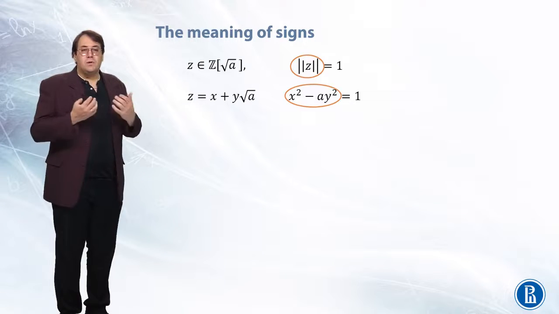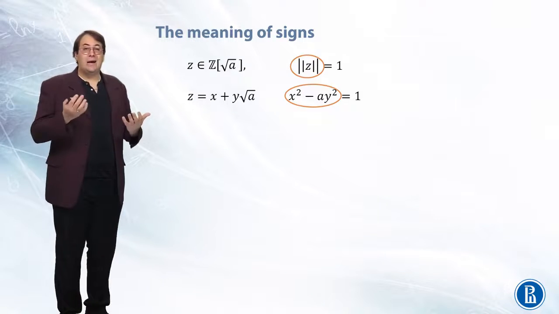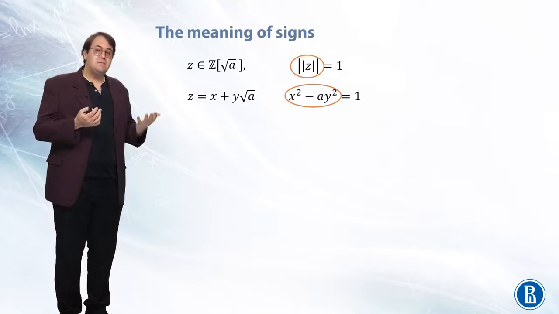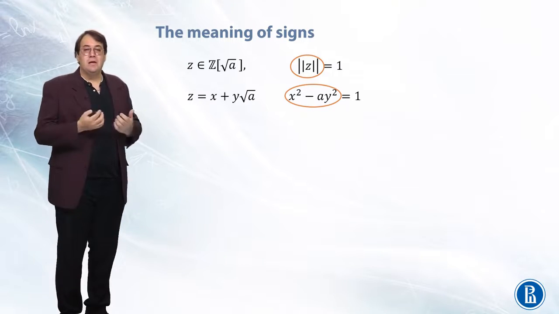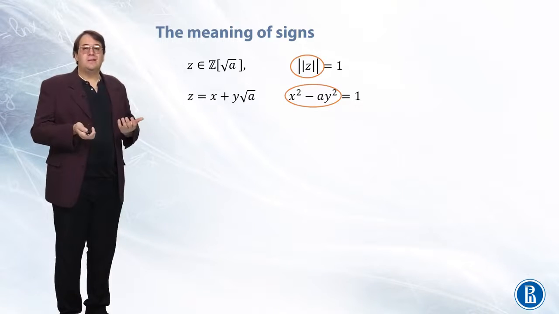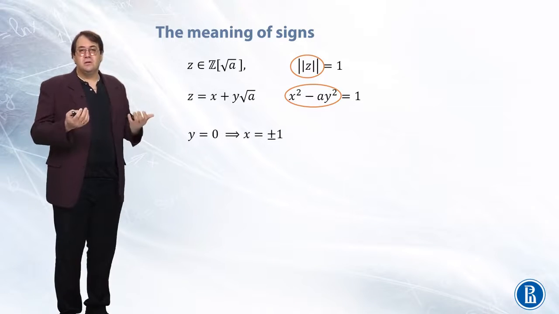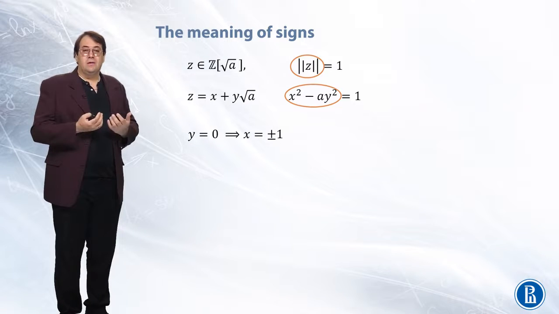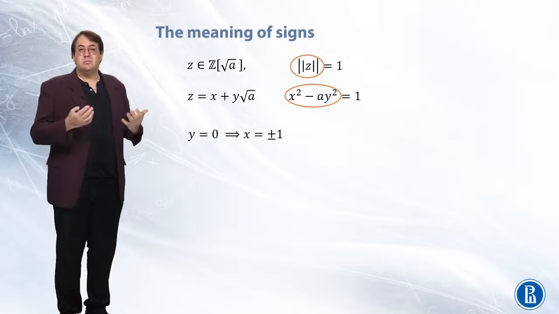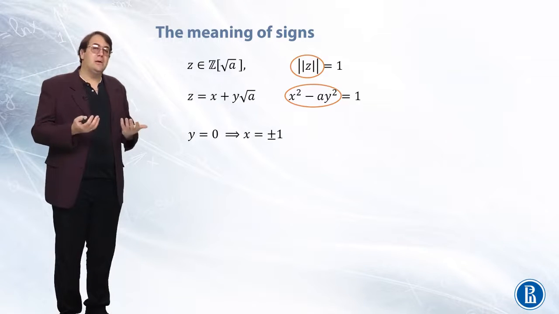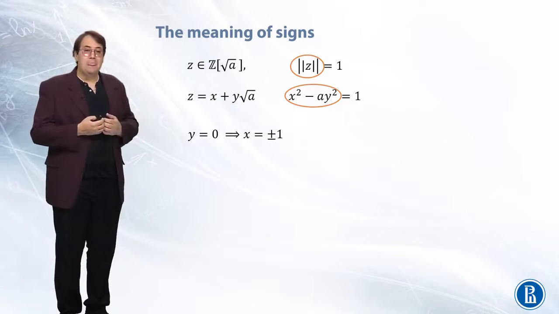So x and y, both of them can be positive, can be negative. Some of them may be equal to 0. Well, of course, if y is equal to 0, then x is equal to plus or minus 1, and this is a trivial solution to Pell's equation, and it's not interesting.